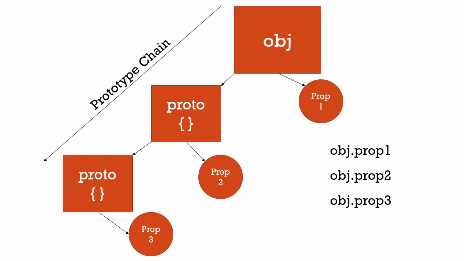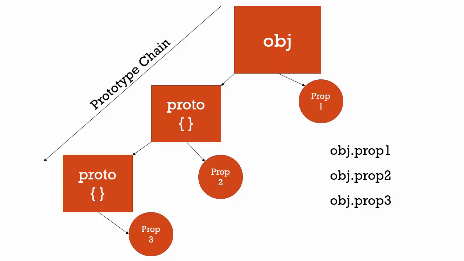It looks like a chain, right? Don't confuse that with the scope chain, though it is kind of similar in some ways. The scope chain is about looking for where we have access to a variable. However, this has to do with where we have access to a property or method amongst a sequence of objects that are connected via this prototype property that we're calling here proto.